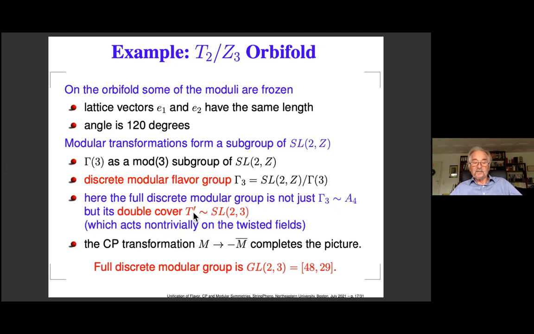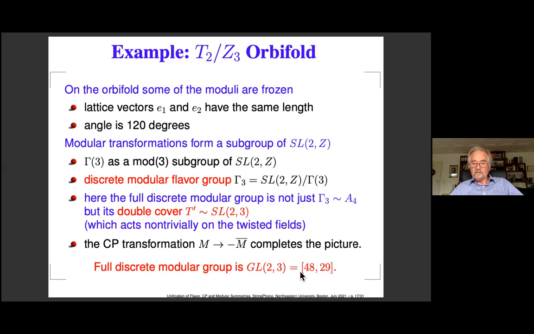So that's like when you look at the spin: if you have SO(3) with the cover group SU(2), you have half-integer spin. In addition, we will have a CP transformation, which is T going to minus T bar. And that will lead to the full discrete modular group here, which is GL(2,3), which is 48,29 in the GAP notation.